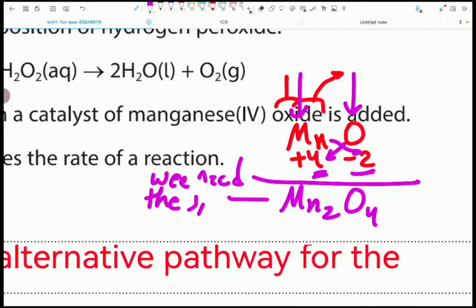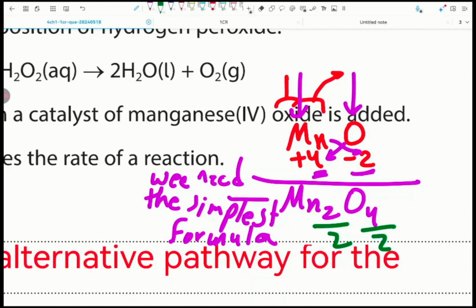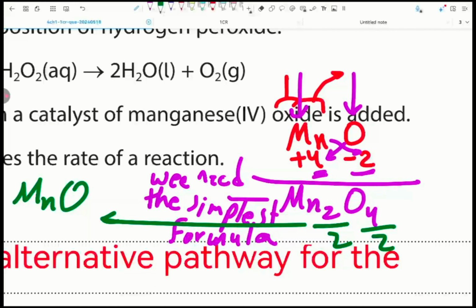the simplest formula. We need the simplest formula. How do I get the simplest formula? I divide both of them by 2. Why do I have to divide both of them by 2? Because I need to make one of them 1. So the formula will become MnO2.